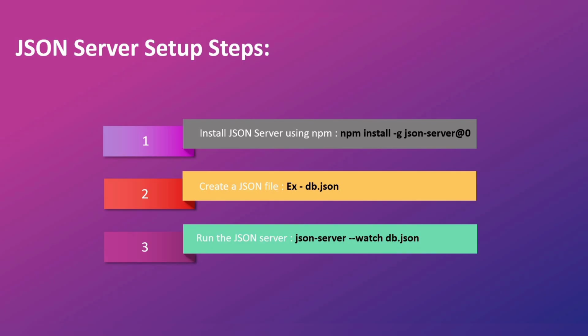Then the second step is we need to create a JSON file with dummy data, that is db.json. And last, we need to run the JSON server using the command json-server --watch db.json. And once the server starts, we can see the db.json data at the URL localhost:3000. We'll see that later.